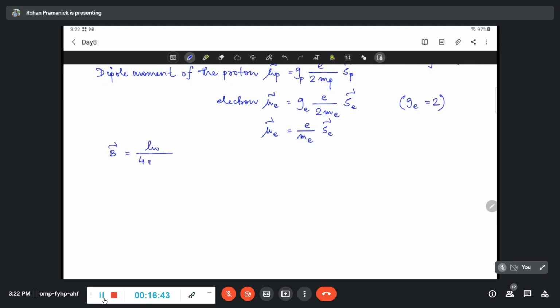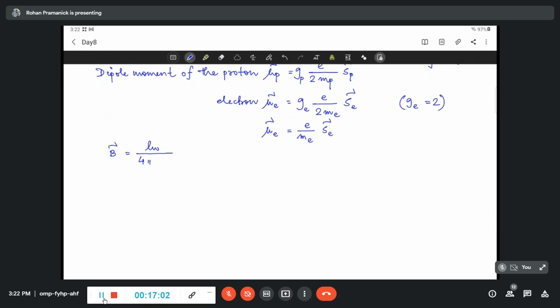Somebody can say or remember, you will probably need this in your competitive exams. Does any of you remember what the magnetic field for a dipole is? It is a long expression, but does anybody remember?